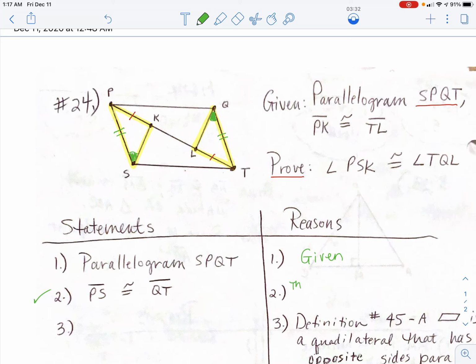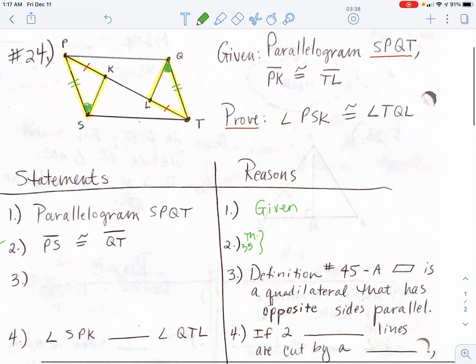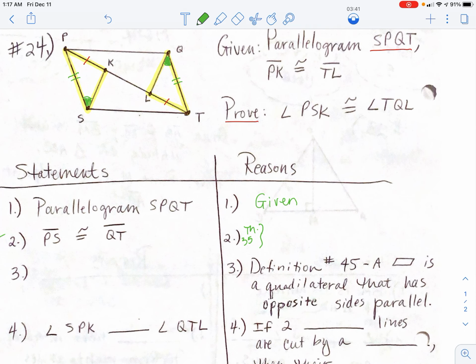And that comes from, you might want to write here, theorem 35. Theorem 35 says this: if a quadrilateral is a parallelogram, then both pairs of opposite angles... sides are congruent. Let me look, maybe it's not 35. We want to say opposite sides. It's 36, because we're talking about opposite sides here.